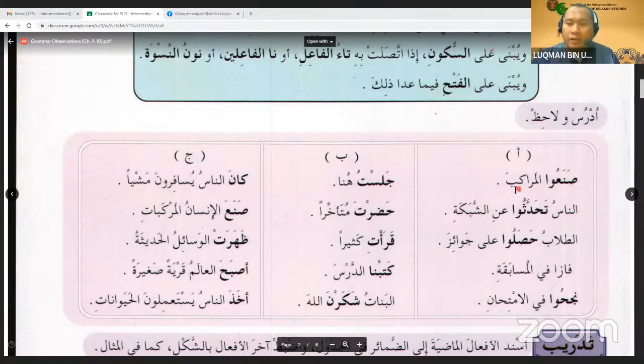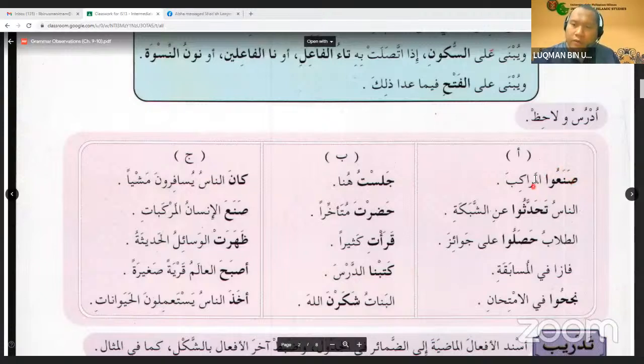Sana'u al-marakibah. So they have crafted, they have manufactured marakib, transportation tools, mga sasakyan. Marakib is the plural of markab, which can mean a car or anything that can be used for transportation.